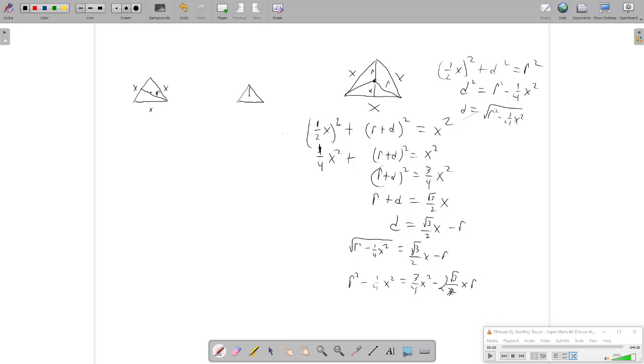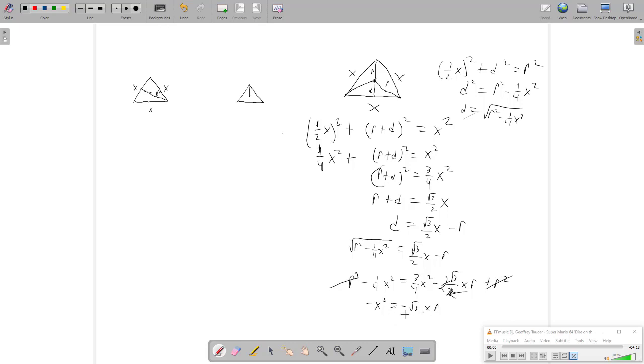Well, just do it like this. It's going to reduce. Plus r squared. The r squareds will go away. Move the 3/4 over. You get a negative x squared, because negative 1/4 minus 3/4 is minus 4/4, which is negative 1. And we get a negative square root of 3 xr.